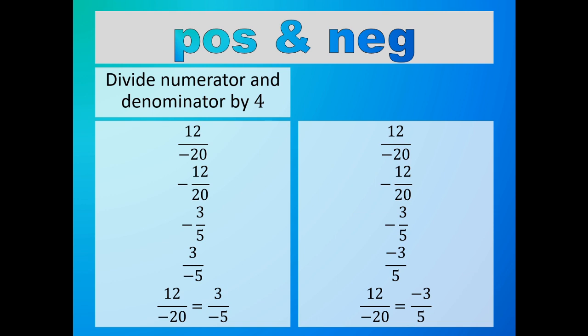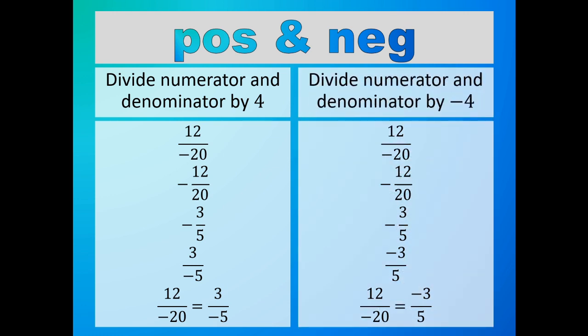And we end up with 12 divided by -20 is equal to -3/5. How could I have gone directly from 12 divided by -20 to -3/5? Well, I could have divided both the numerator and denominator by -4. Therefore, for both of these cases, this idea of simplifying fractions still works.